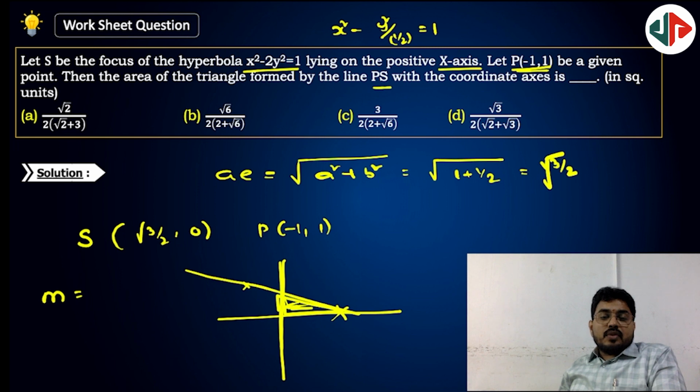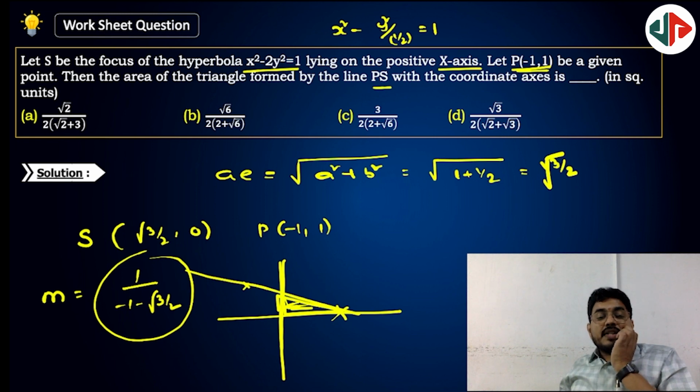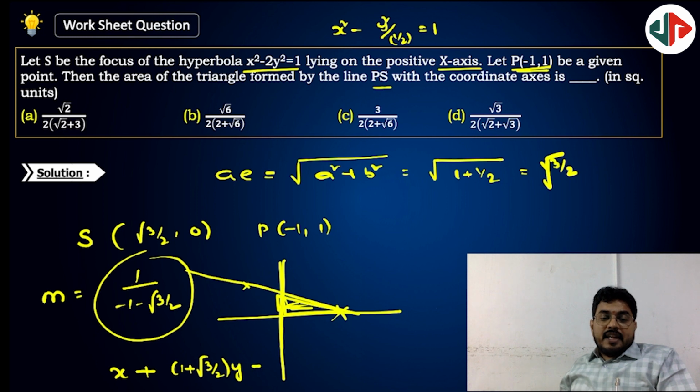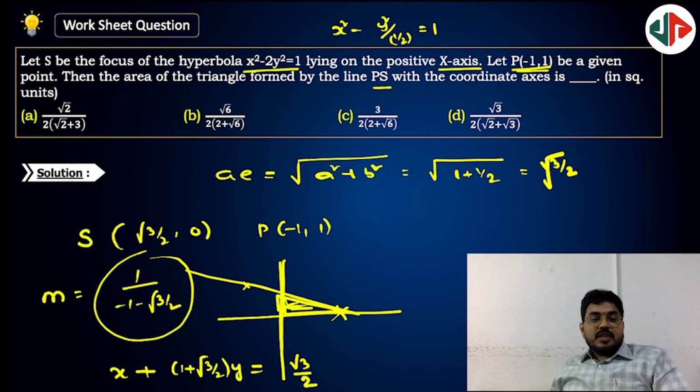Slope is equal to 1 by minus 1 minus root 3 by 2. Having this much slope and passing through the point, you will get x plus 1 plus root over 3 by 2 into y, passing through (root 3 by 2, 0). So the x-intercept is root 3 by 2.